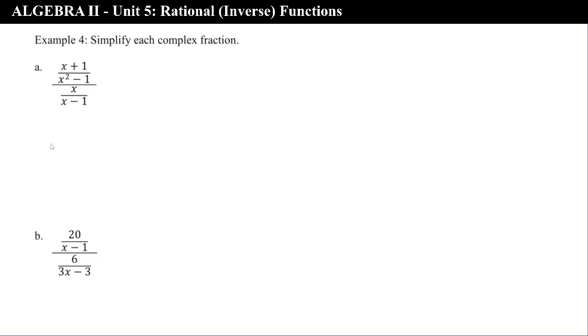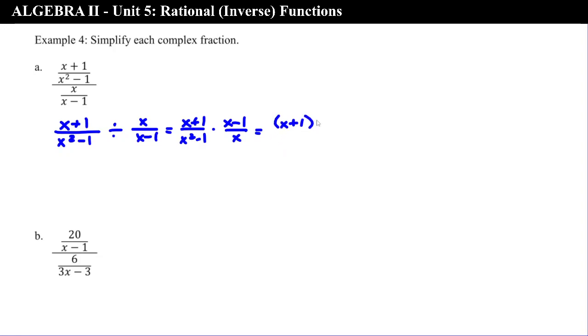So you're going to take, for example, this is x plus 1 over x squared minus 1 divided by x over x minus 1. All right, now what do we do with that? Well, we're going to take the first term, keep it the same, make it multiplication, and flip the second term. And now we're just to the point where we do x plus 1 times x minus 1 over, can we factor this?